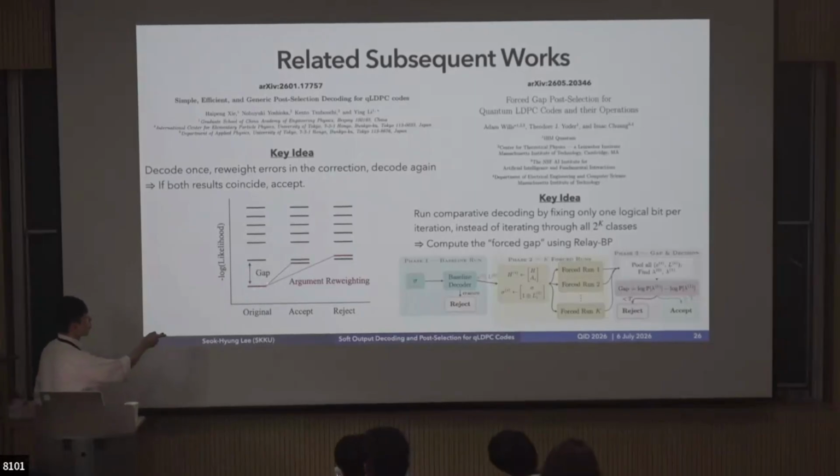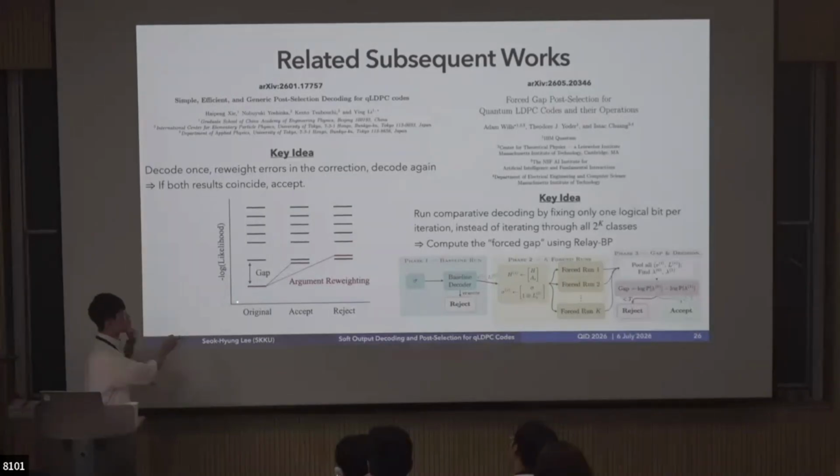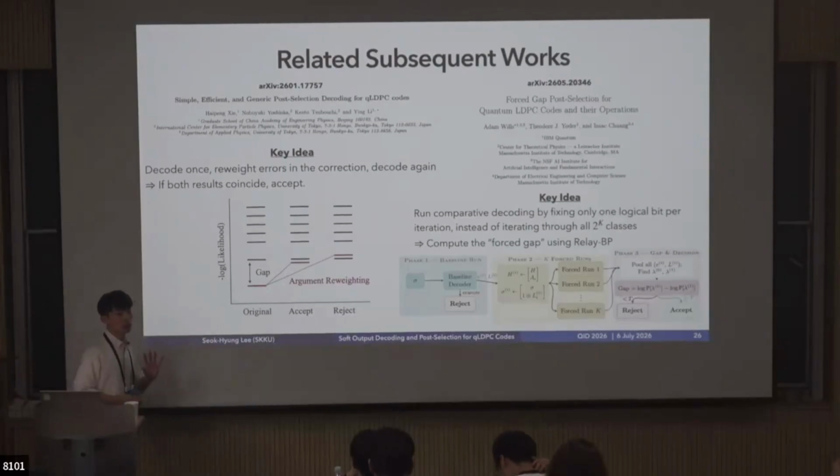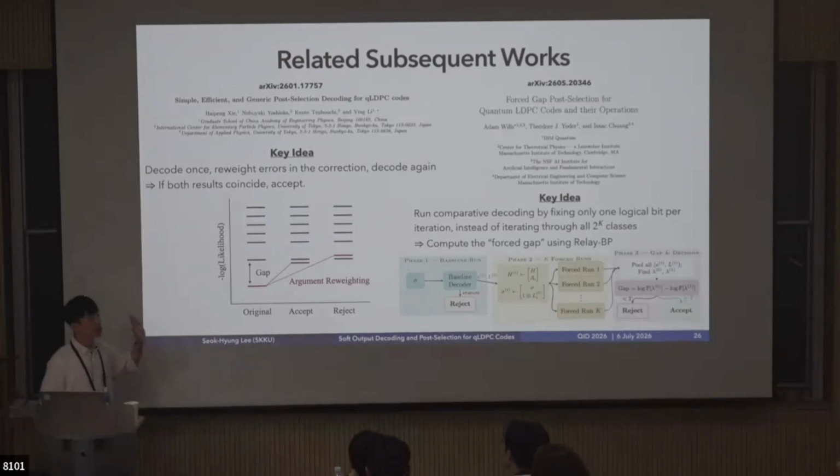We first run a decoder and obtain this one, and after reweighting the prior error rates, we check whether the new correction is in the same logical class as the first one. If they are the same, we accept the shot. If not, abort. So it is a very simple strategy and is applicable to arbitrary codes and decoders.